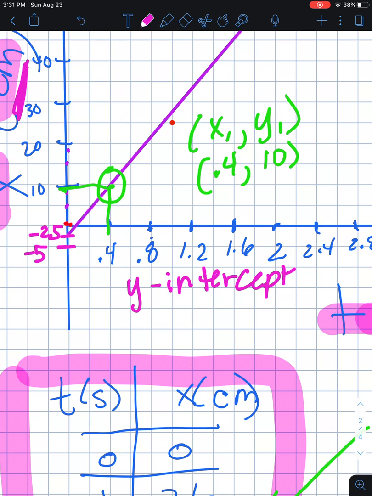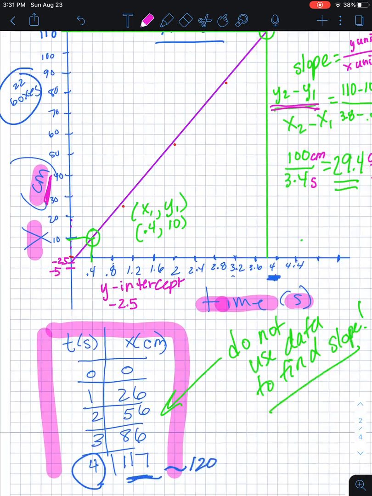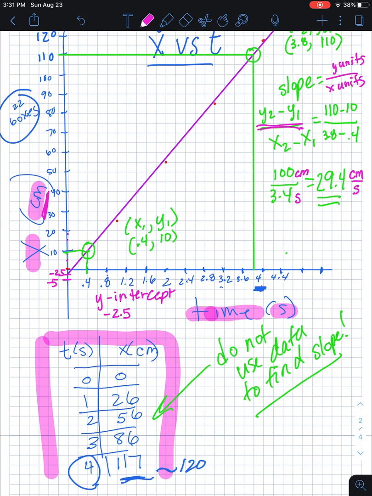So I'm going to call my y-intercept -2.5. And again, it's a number, and so it has a unit attached to it. As I zoom back out to show you my whole graph, the y-intercept of -2.5 is measured in centimeters, because it was read from the y-axis, and y values are centimeters.